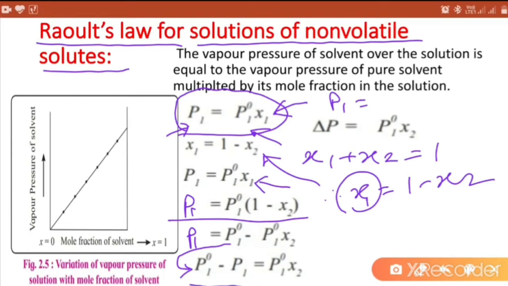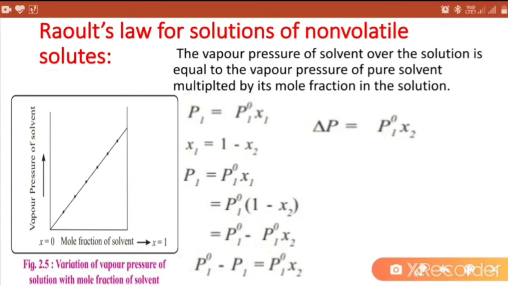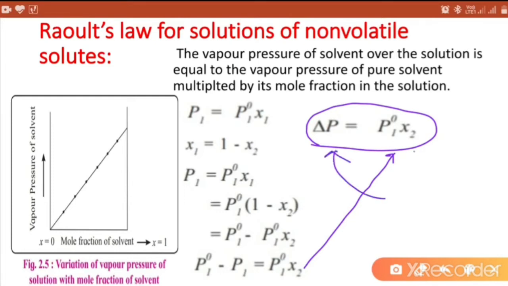And we know this P1⁰ minus P1 is equal to ΔP, which means lowering of vapor pressure. This becomes the equation ΔP is equal to P1⁰ x2, and this lowering of vapor pressure is related with this x2, which is the mole fraction.